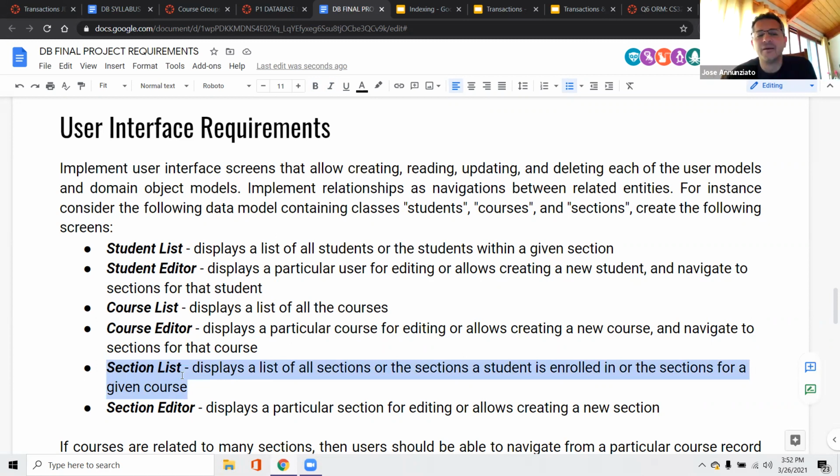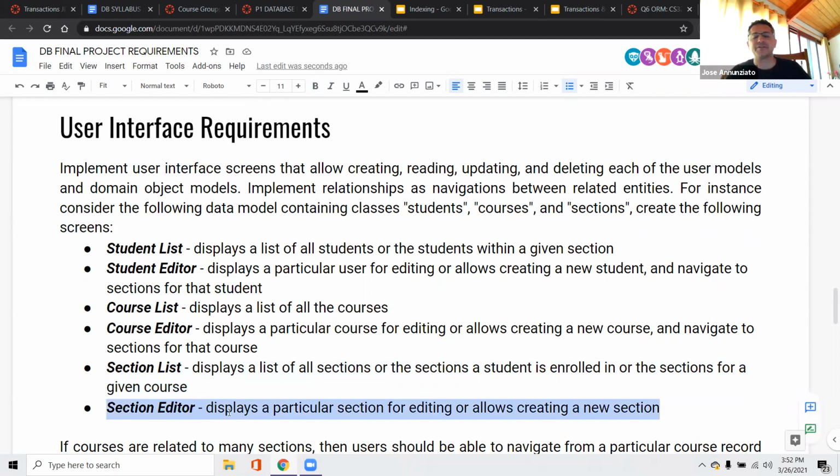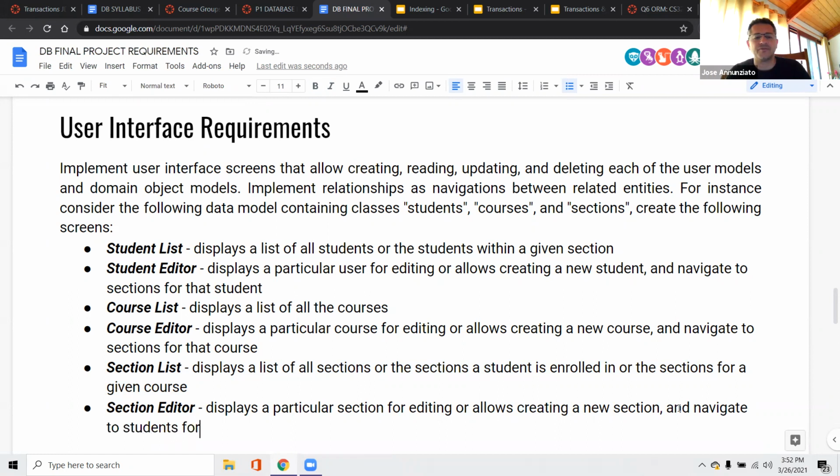And from the section editor, I can display a particular section for editing, or create new sections, and navigate to students for that section.